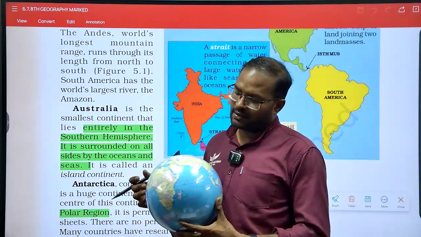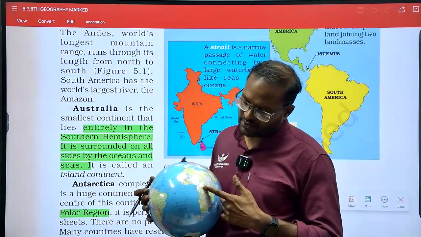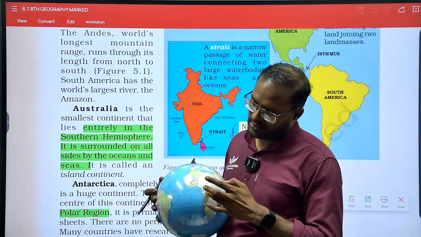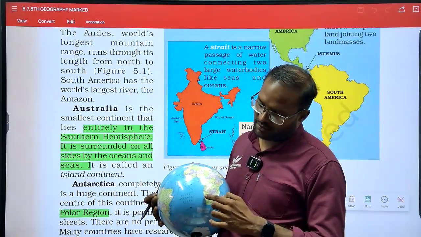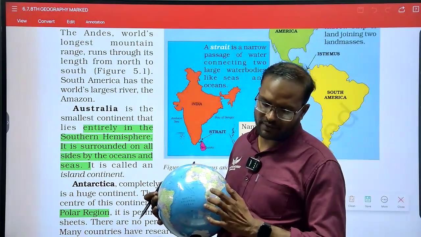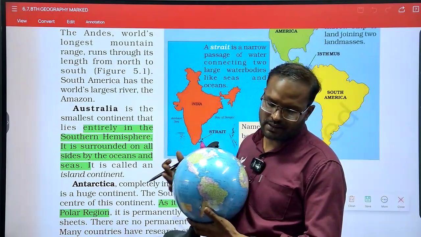The equator crosses Africa here, and the Tropic of Cancer passes here, and the Tropic of Capricorn passes here in Africa. And here is South America.